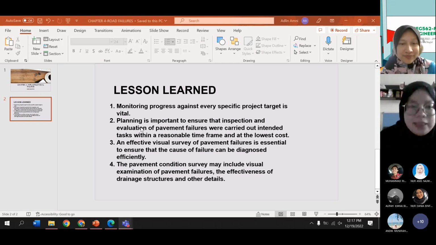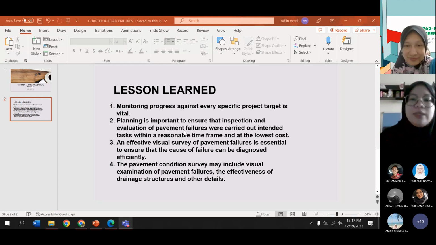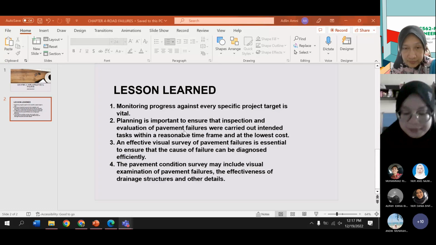Next is planning. It's important to ensure that inspection and evaluation of pavement failures were carried out intended tasks within a reasonable time frame and at lowest cost. Visual, okay.